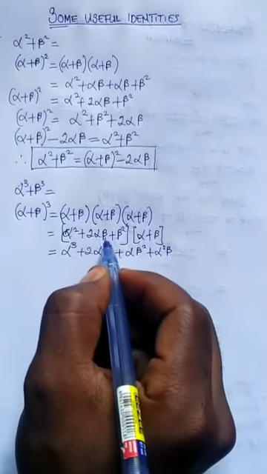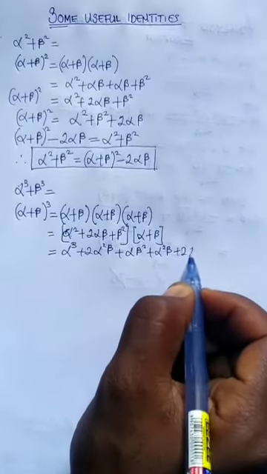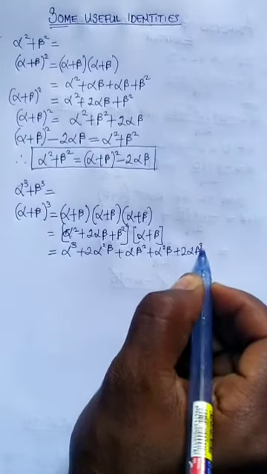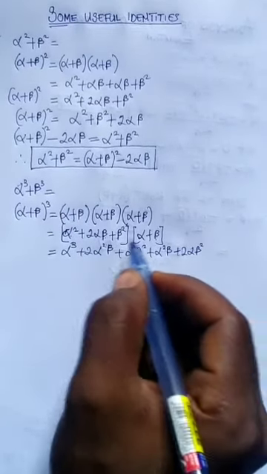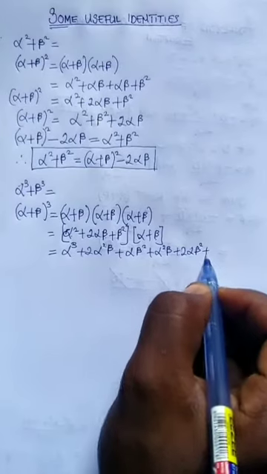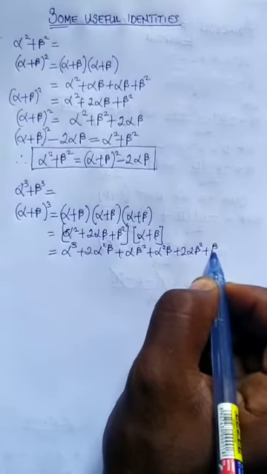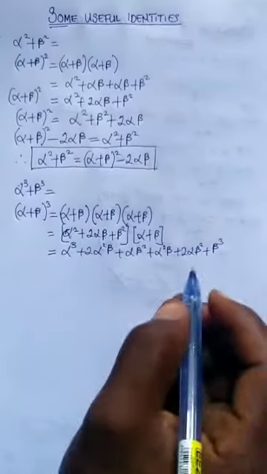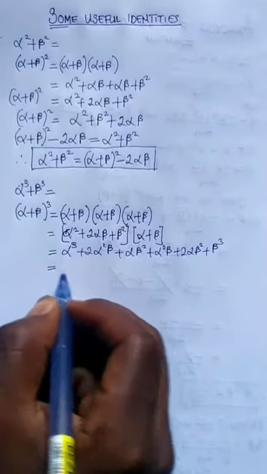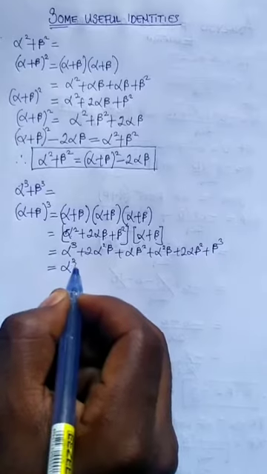Then beta times 2 alpha beta will give you plus 2 alpha beta square. Then beta times beta square will give you plus beta cube. Now if you collect like terms, I have my alpha cube.